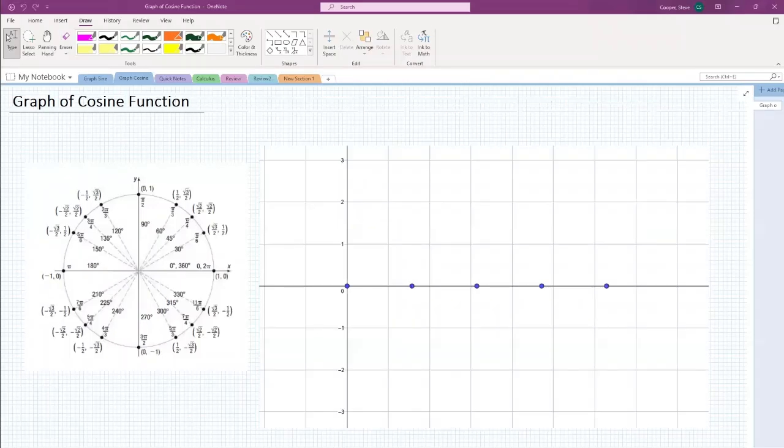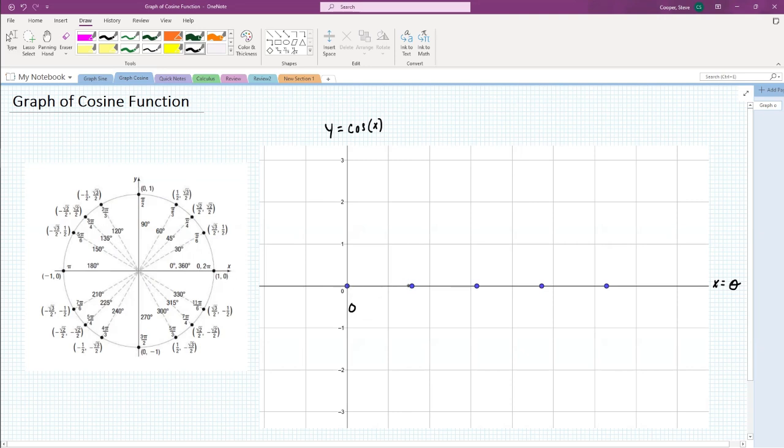Okay, for the cosine, we're interested in the same points. So let's go ahead and we'll start at 0. But remember, the cosine comes from, let me just mark that up again. Okay, so the cosine comes from the x coordinate.